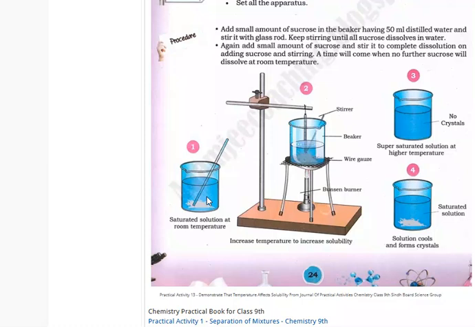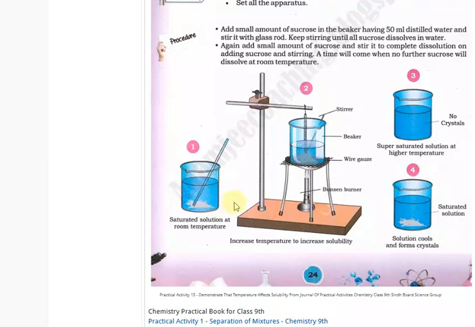If we dissolve more sucrose, a little amount of sucrose, we will observe that the overall sucrose will not dissolve over there. A little amount will be left at the bottom of this beaker.